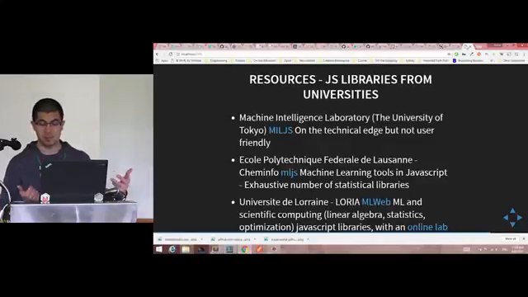I asked them if they wanted to leverage NPM, but the guy didn't see the point of using JavaScript with Node.js. I don't know. That's his point. But they have a nice online laboratory where you can download some files, and you can use the most common machine learning libraries on it to try to create a model.